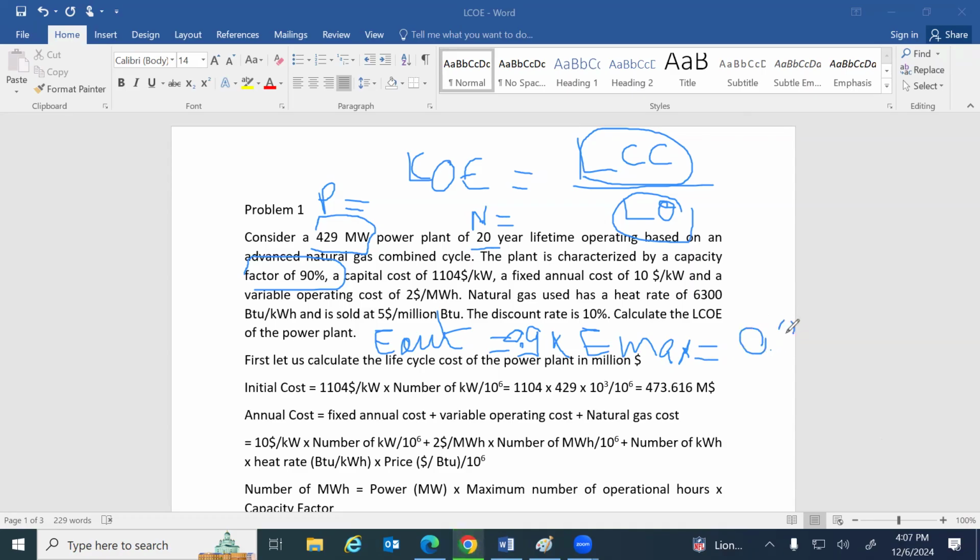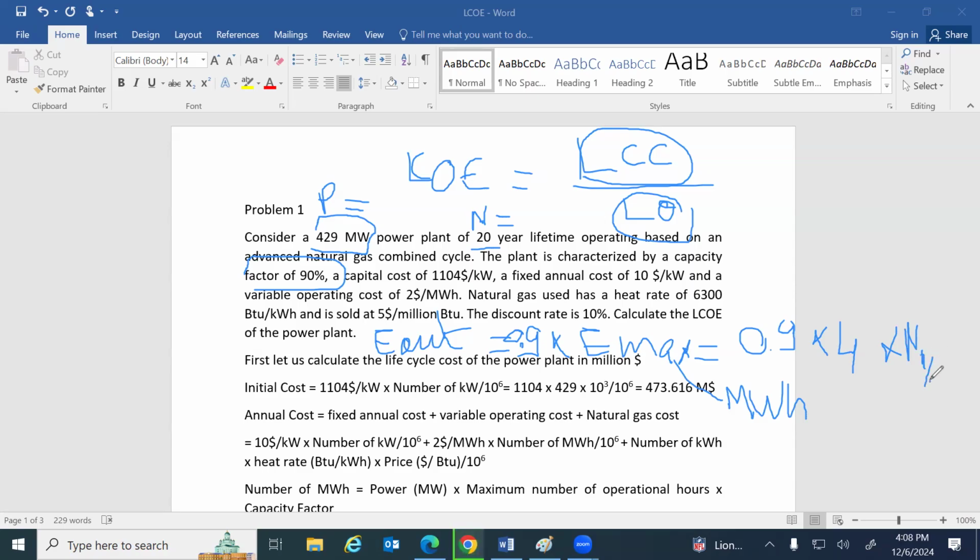429 times the total number of hours per year, if you want to have it in megawatt hour.